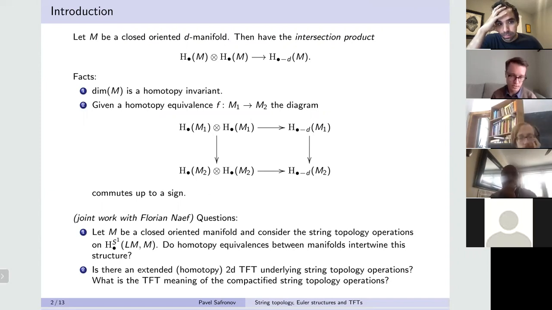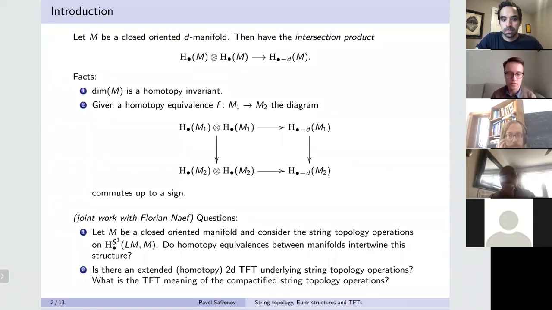So there are some structures related to intersection theory on the loop space. The first question is, are these string topology operations actually homotopy-invariant? The same question as above: if you have a homotopy equivalence of oriented manifolds, do those intertwine string topology operations? Or maybe string topology sees more than just the homotopy type.